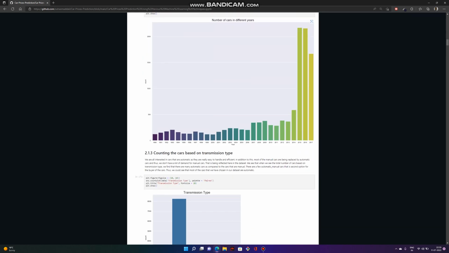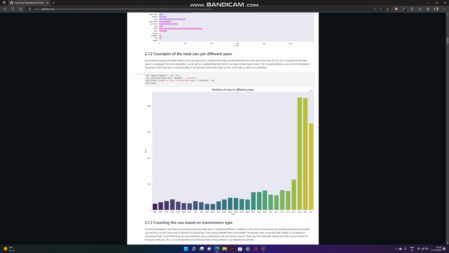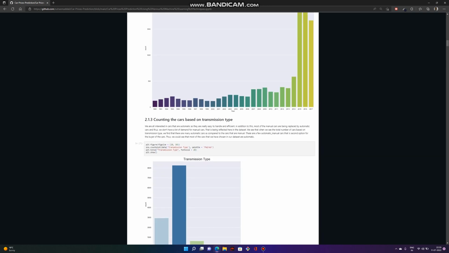When we look at the total number of cars by year, we find that we have a large number of cars in 2015 compared to 2016 or 2017. Therefore, when predicting based on this data, our models can most probably have information about the cars manufactured in 2015, and they should be able to predict quite well.